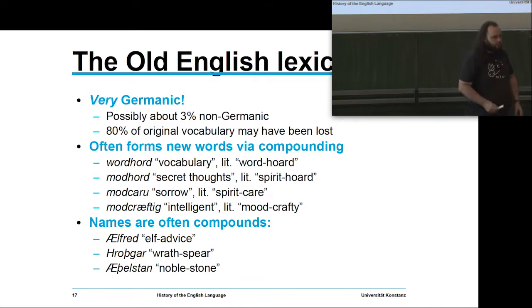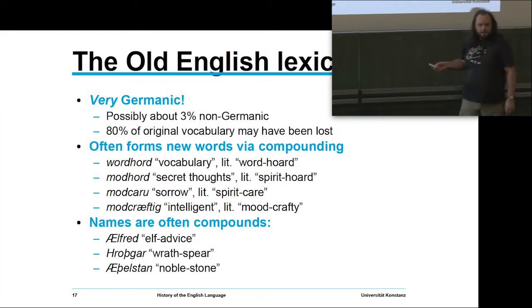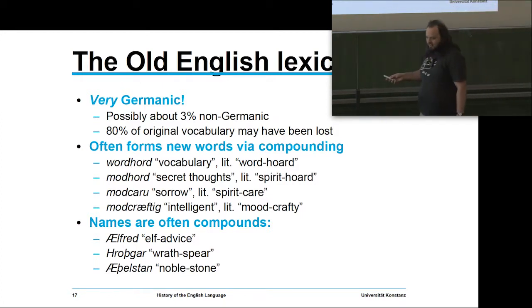Mood also comes into all kinds of compounds. So moodcaru is mood care, or in other words, sorrow. It means that you're unhappy. And here, moodcræftig, or moodstrong. Usually, this cræftig corresponds to modern English crafty and modern German kräftig.